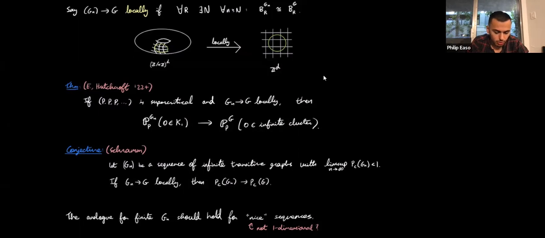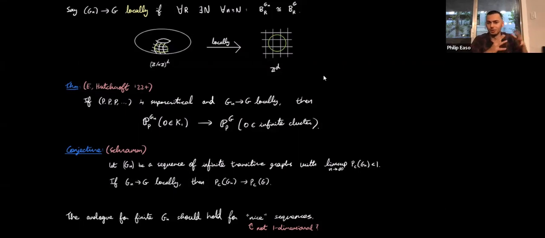So, I said that our work is trying to bridge the infinite transitive graph story and the high degree story in one story. But to really link up with the infinite transitive graph story, we need that the giant cluster density on the sequence of finite transitive graphs has to be related to the infinite transitive graph limit, right?